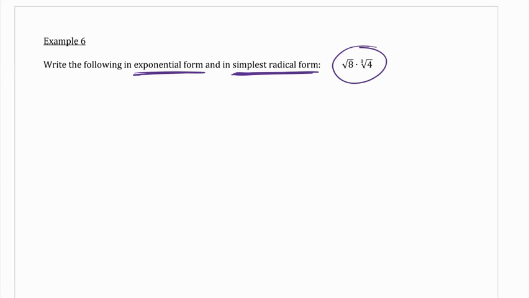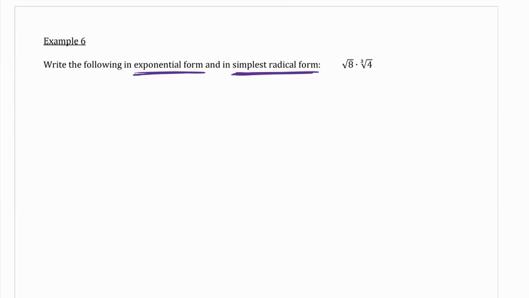And actually, I'm sorry, it's not that I have two different numbers in the radical, it's that we have a different index on each radical. So this one is a square root and this one is a cube root. So I can't just multiply those two numbers. If it was just radical 8 times radical 4, then I could do that and get the square root of 32. But since one of them is a cube root, I can't just multiply those two radicals.